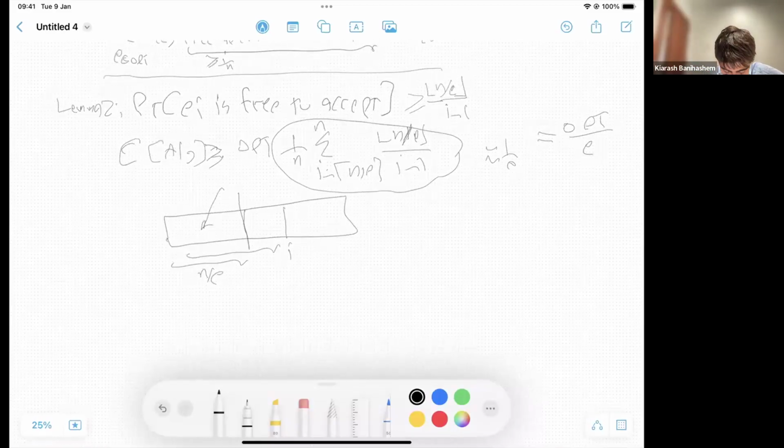So what does it mean for e_i to be not free to accept? Because I fix e_i, think of e_i as a vertex v_i connected to some item u. This means that u is already taken, right?